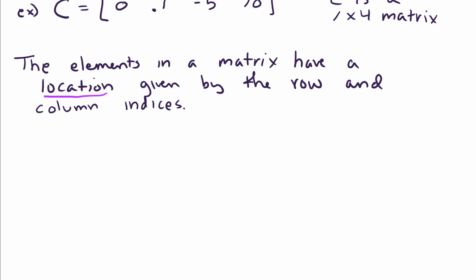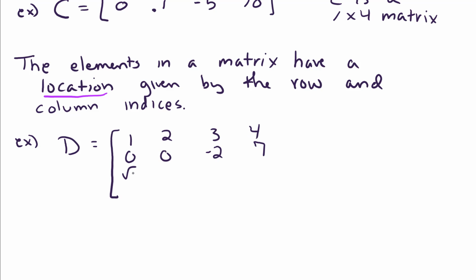Suppose we make a new matrix here. Let's call this matrix D. So matrix D will be 3 rows and 4 columns. So we'll go 1, 2, 3, 4 for our first row, then 0, 0, -2, and 7, then square root of 3, 0, 1, 4, and a -1, 0, 1, 5.